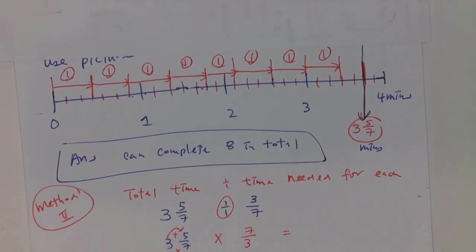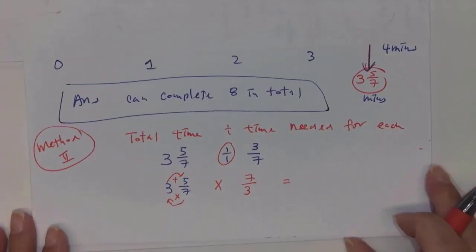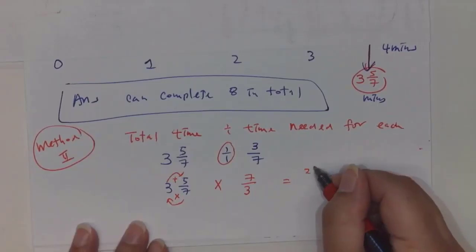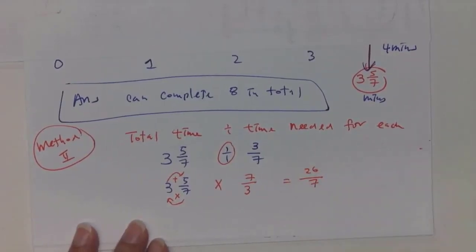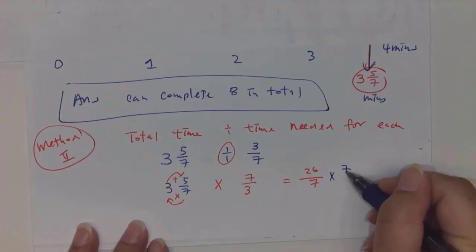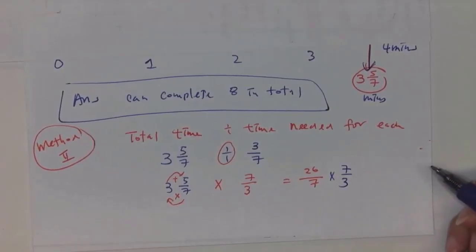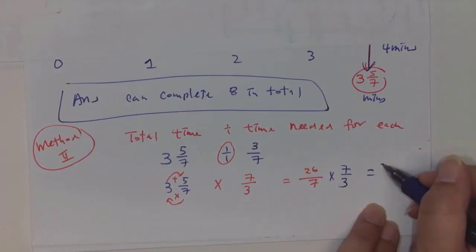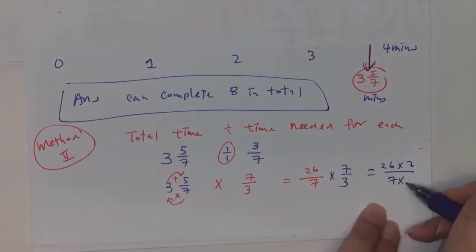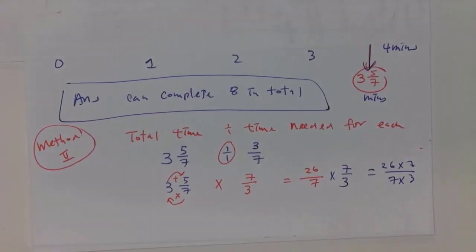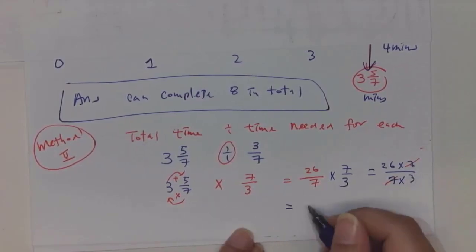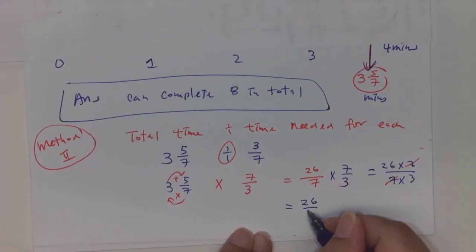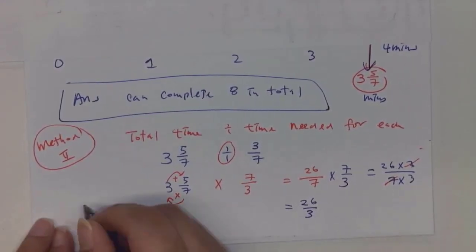So this will turn the first fraction into what? 26 over 7 times 7 over 3. Yeah, I will reduce it because you just make the number so big. So it's going to be 26 divided by 3, which we can convert.